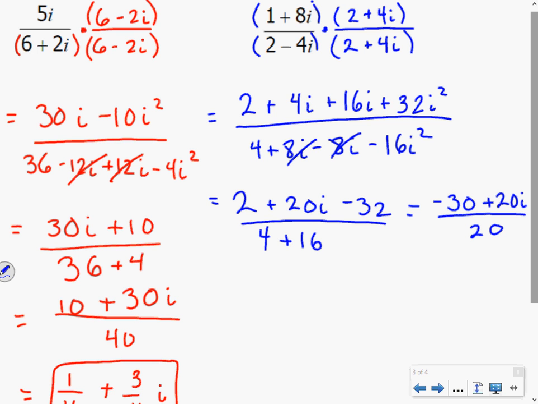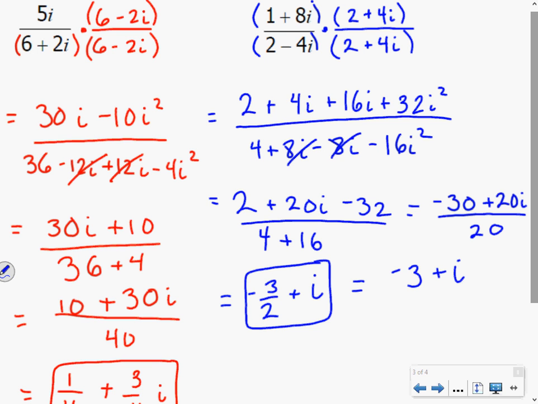So if we divide, we could write this as -3/2 plus i, or we could write it as -3 plus 2i over 2. Either one of those would be okay.